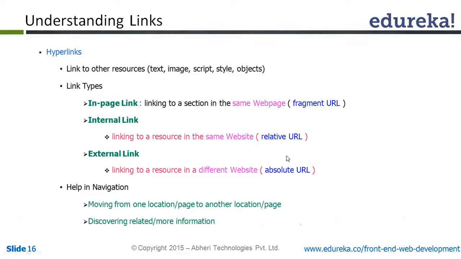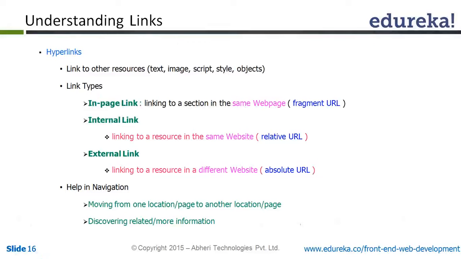If it contains HTTP, it is called an absolute URL, which links to an external website. If you're linking within the same website, you don't have to mention HTTP, because it knows that. The only thing is, with respect to that HTML document, you have to provide the relative path to reach the other page you're referring to.